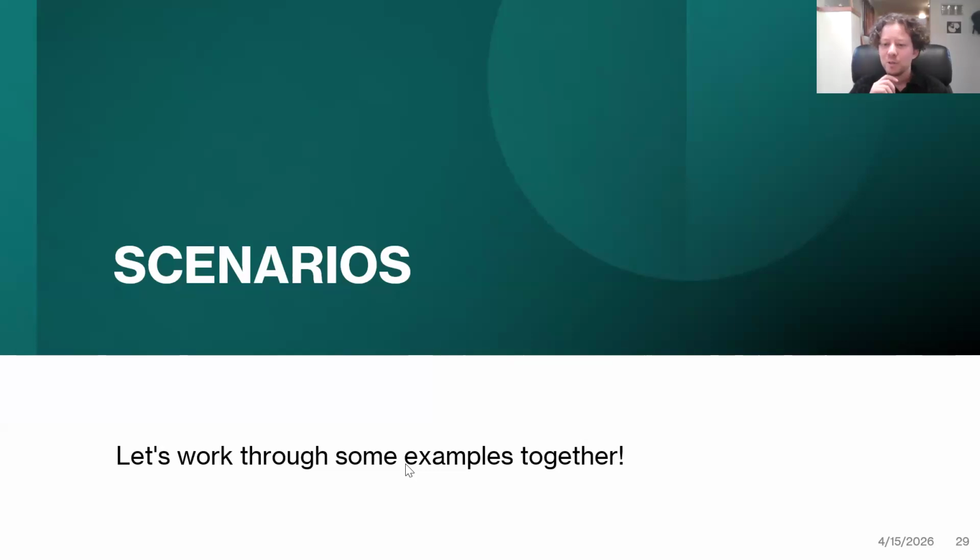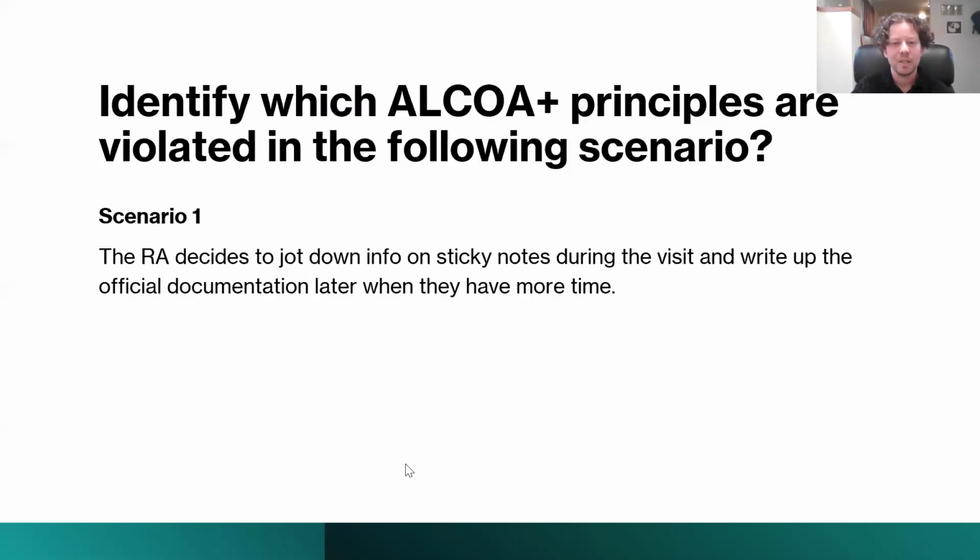Okay, well, if there's no other questions about GDP, let's move on to some scenarios about how we can apply GDP to our studies, into our day-to-day work life. So scenario one: the research assistant decides to jot down info on sticky notes during the visit and write up the official documentation later when they have some more time.